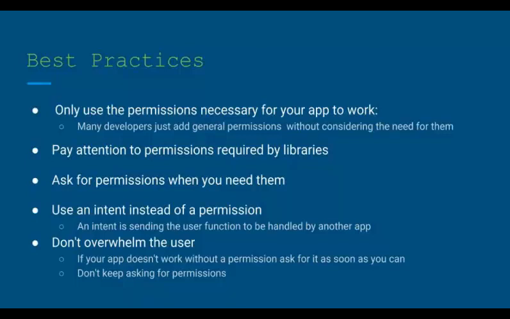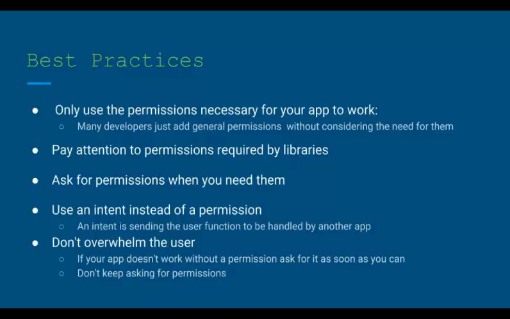Ask permissions when you need them. As you saw in the example I showed before, you can ask for the permissions even during runtime, but not once you open the app, rather than when you are using the camera directly or reading from the external storage.